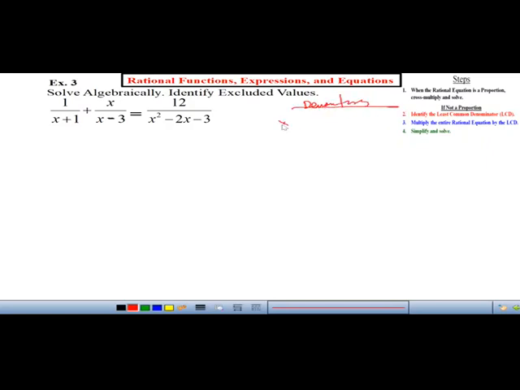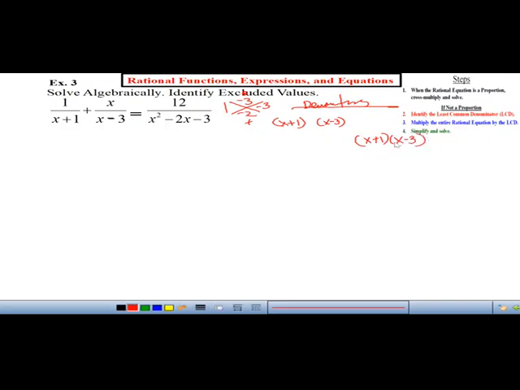We have x plus 1. We have x minus 3. So this is one denominator, here's the other. And the third denominator, we need to factor that one, which is negative 3, negative 2. Factors of negative 3 that add up to negative 2 are 1 and negative 3. So my factors are x plus 1, x minus 3.